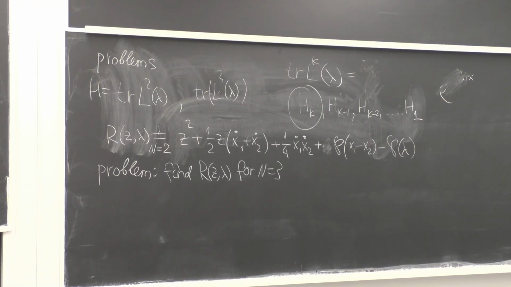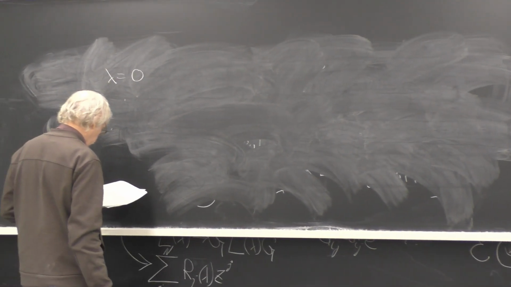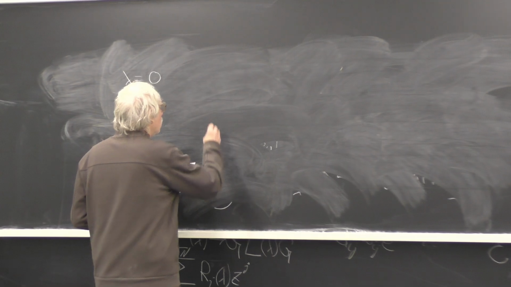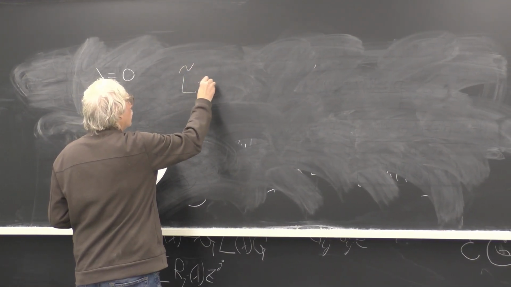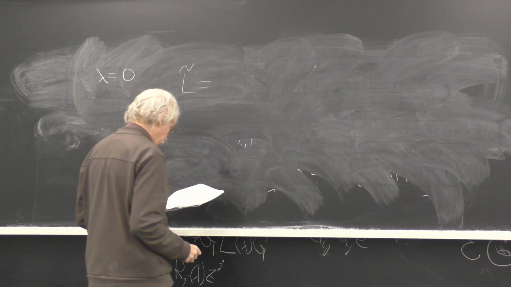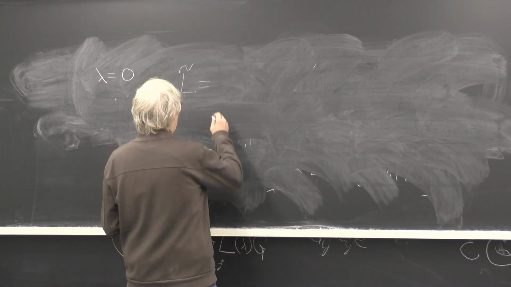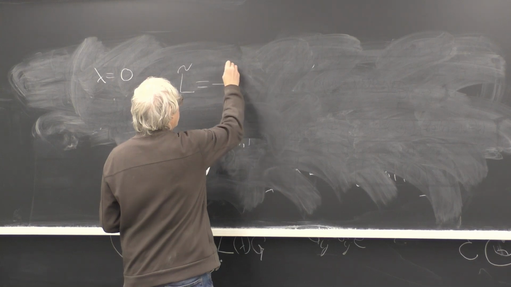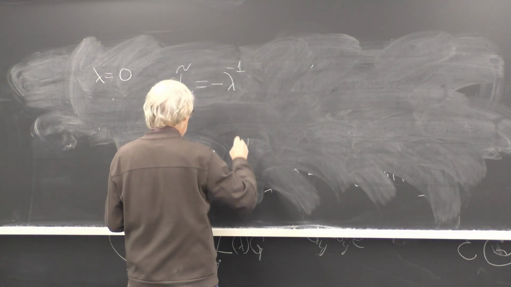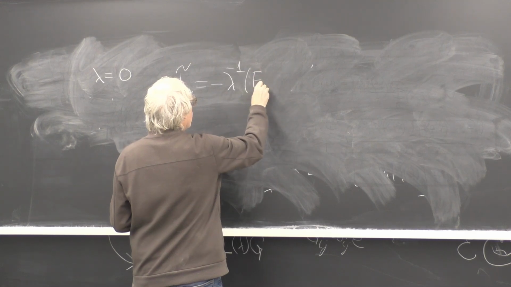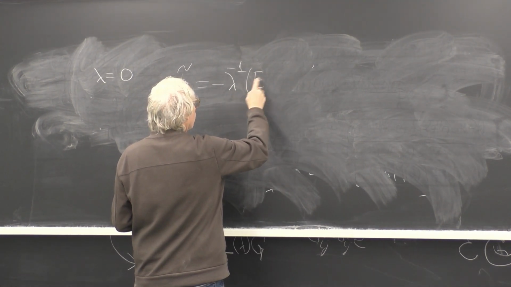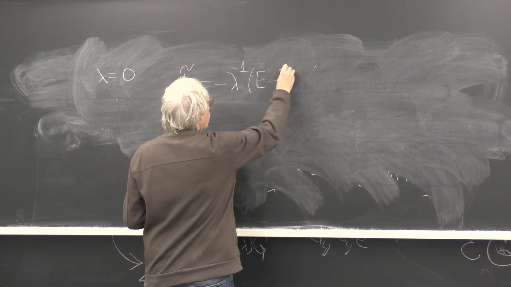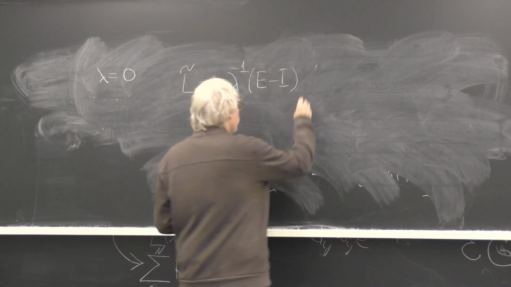In a neighborhood of lambda equals 0, the matrix L tilde has the following form. The first leading term in the expansion for small lambda is like this.